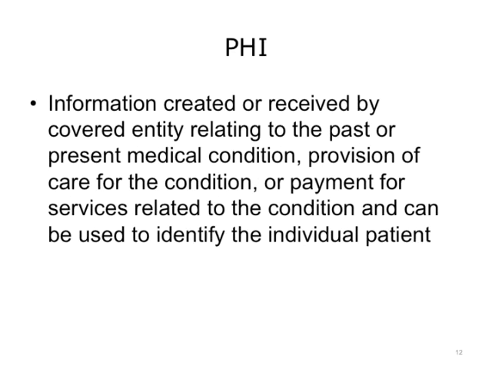Not all health information is protected by HIPAA. The health information must be created or received by a covered entity or a business associate acting on behalf of the covered entity. It must relate to the past or present medical condition, provision of care for the condition, or payment for services related to the condition, and the information could be used to identify the individual patient with the medical condition is protected.